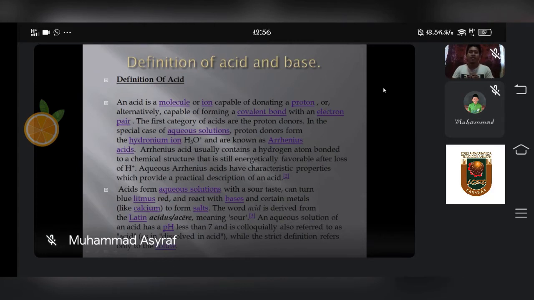Aqueous Arrhenius acids have characteristic properties which provide a particle description of an acid.